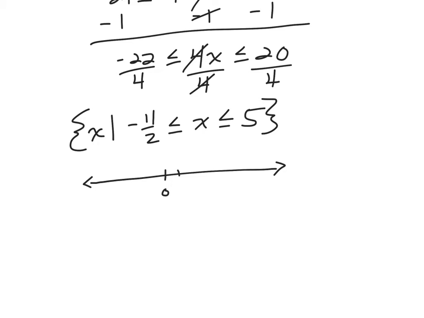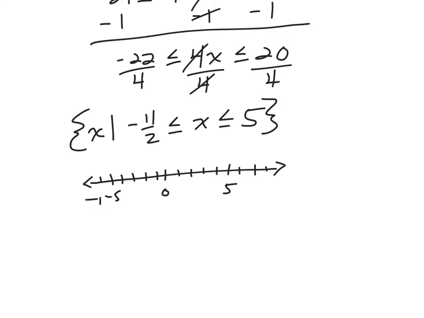0, 1, 2, 3, 4, 5 is right there. How about 11 halves as a mixed number? It'd be 5.5, wouldn't it? 2 goes into 11 5 times, and you have 1 left over. So negative 1, 2, 3, 4, there's negative 5.